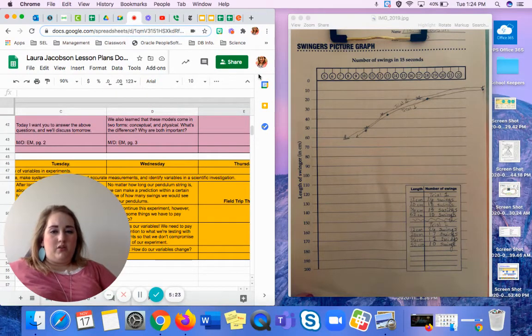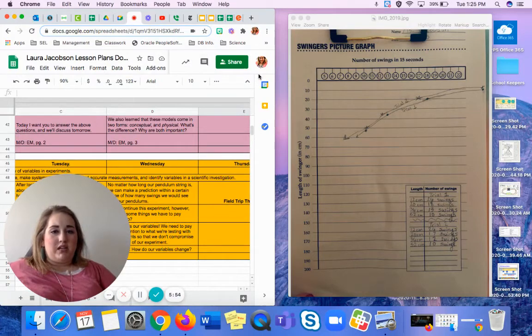Now, what I want to know from you is what we can do next. What would you like to test? Here we have our experiment as performed. But as we pay attention to each variable, we need to pay attention to how that variable affects our experiment.